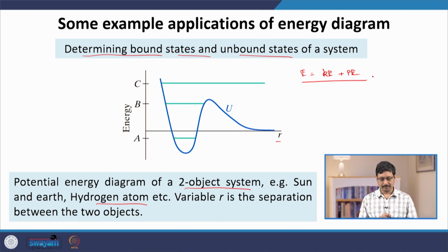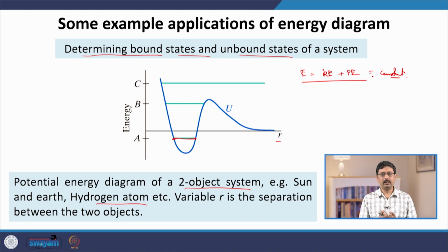If you look at this total energy, you see that it cuts the potential energy profile at 2 points. In a system where there is no friction, the total energy is constant.